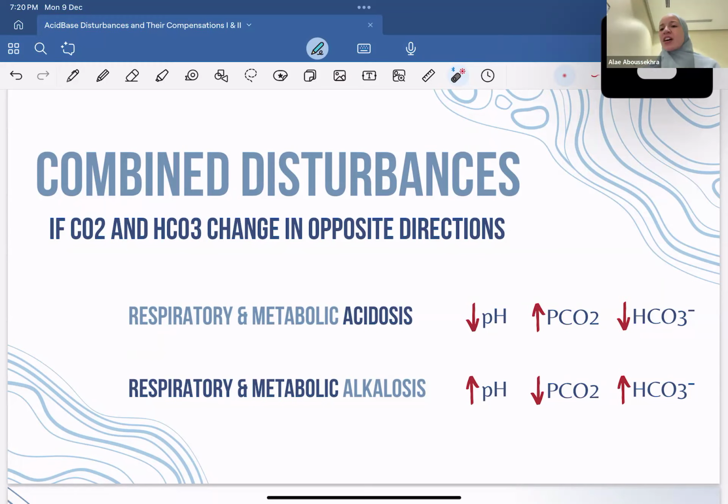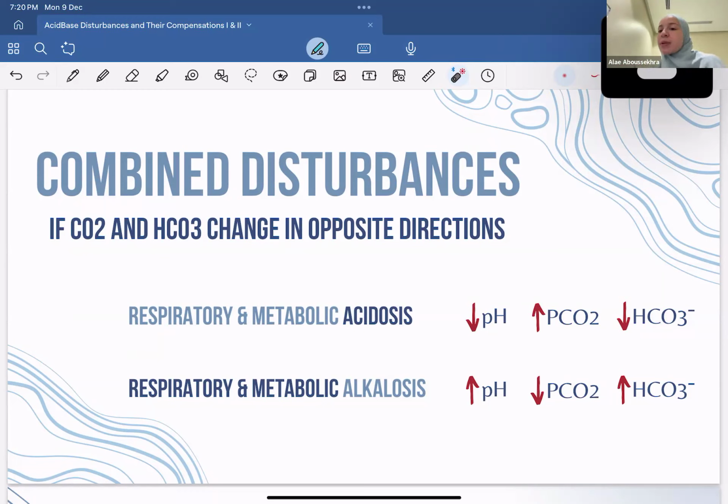So together, they're going to have respiratory and metabolic acidosis. In combined disturbances, the CO2 and bicarbonate change in opposite directions. Remember how we said that the compensation needs to be the same as the original disturbance? So if one increases, the other should increase too. In combined disturbances, we don't have that. One would go up, the other would go down. So we can see it here.